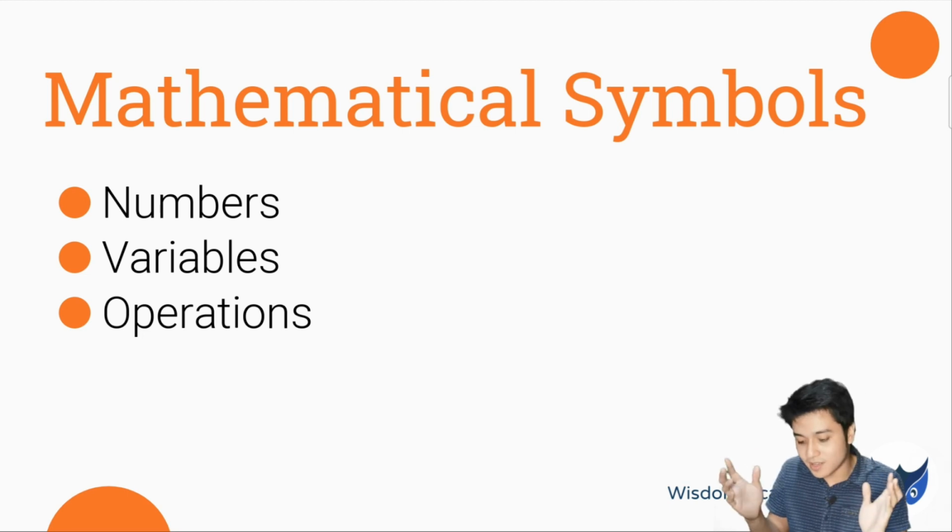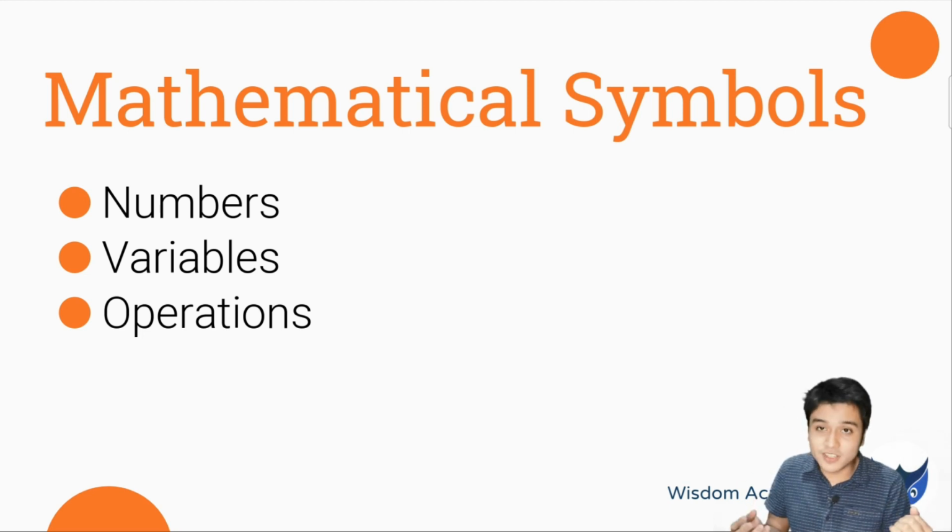For example, mga letters, sa algebra nga, doon nag-uumpisa na magkaroon na ng letters yung math. Kasi nagkakaroon na ng mga symbols kung saan nagde-denote pa yan ng value na hindi natin alam, at yun yung mga variables natin. Yung operations naman, yan yung addition, subtraction, multiplication, and division, and etc. Yun yung mga mathematical symbols na commonly ma-encounter natin sa algebra.